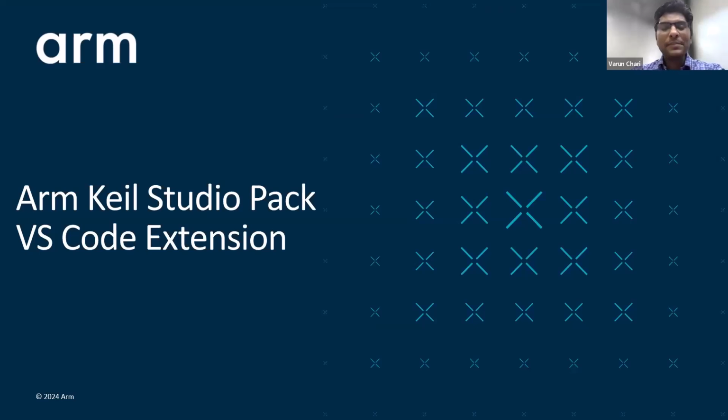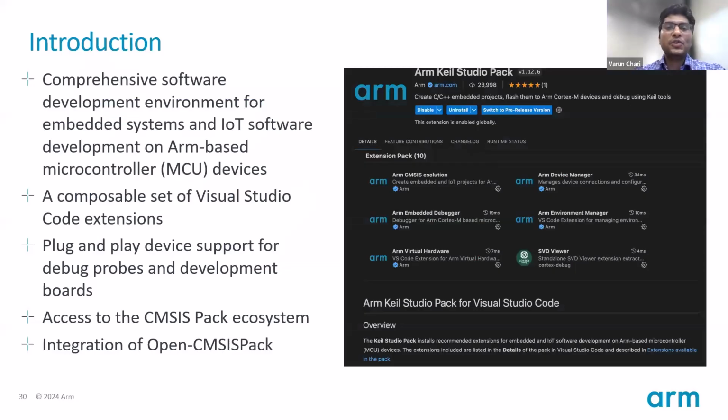So Arm decided to create an extension pack in VS Code called Arm Keil Studio Pack, or Arm MDK, which was previously called, which comprises various different packages that I mentioned, like CMSIS Solution, Embedded Debugger, Embedded Environment, and other Arm tools inside a single extension pack.